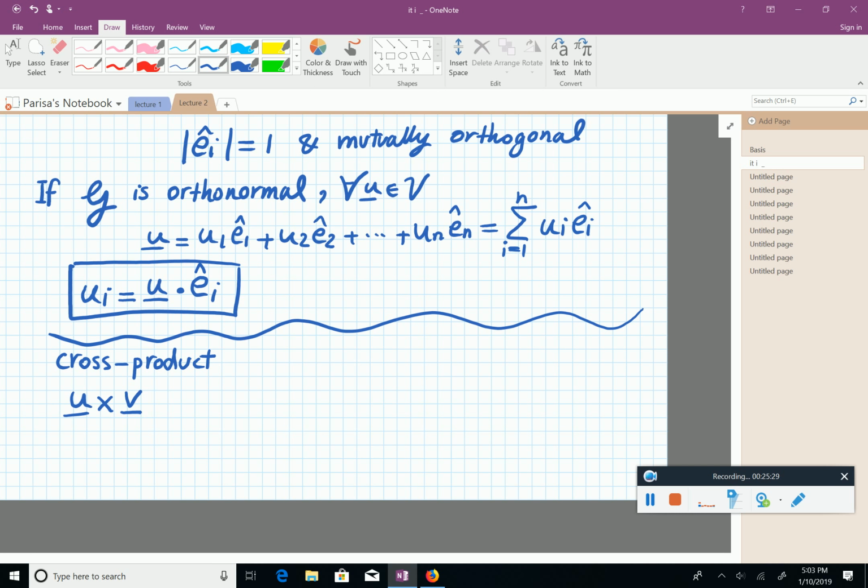tell me, can I define cross product in 2D, 4D? Cross product is only defined in 3D. So that's one thing to remember. And what is the product? What is the output? So unlike inner product, the output is also a vector, right?